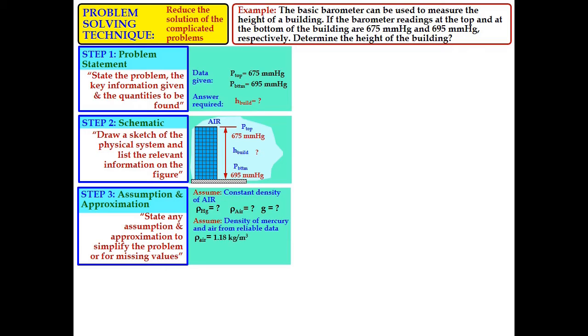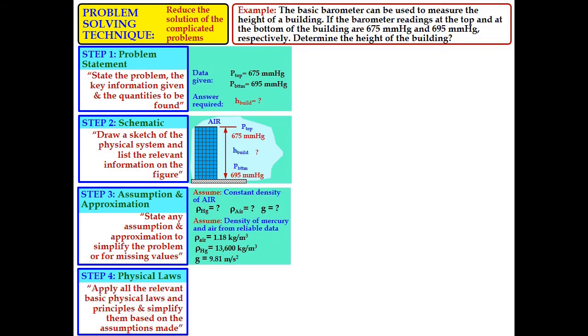Let's say we already get the density of air, 1.18 kg per meter cubed, the density of mercury equal to 13,600 kg per meter cubed, and gravitational acceleration equal to 9.81 meter per second squared. That's the assumption and approximation for step number 3.